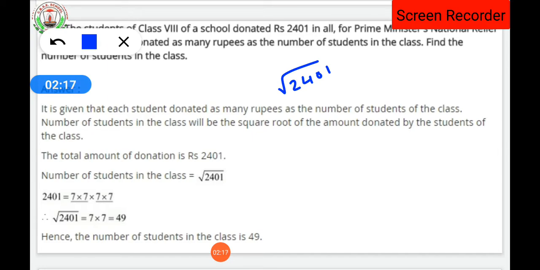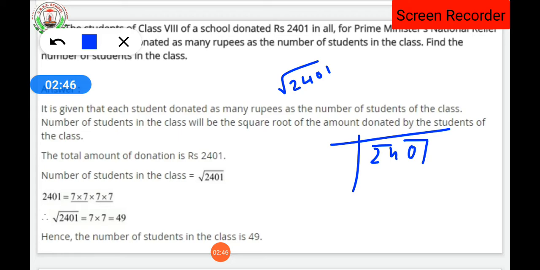So here we are going to use either prime factorization or repeated subtraction method, or you can use the long division method. Clear? If you use the long division method, I will show you how. Making pairs from the right-hand side, two numbers are paired. So for 24, 6 into 6 is 36, 5 into 5 is 25, which is greater than 24.